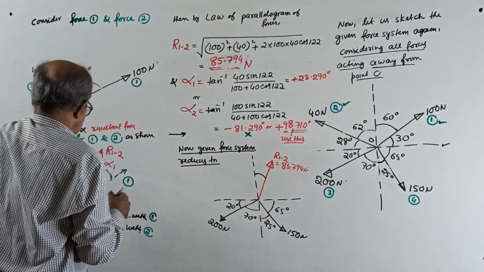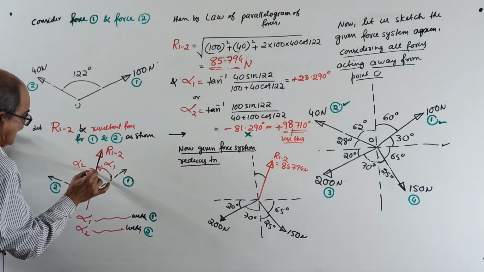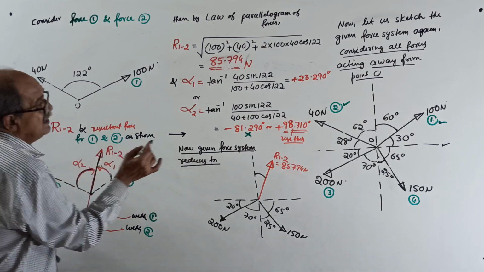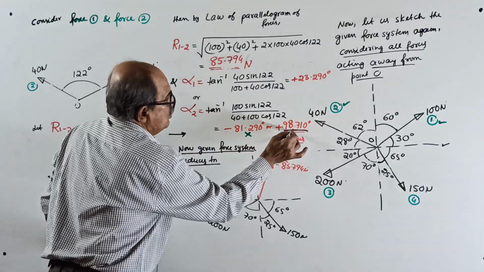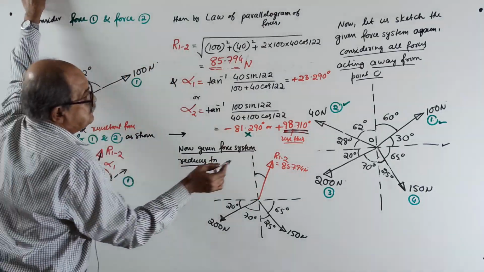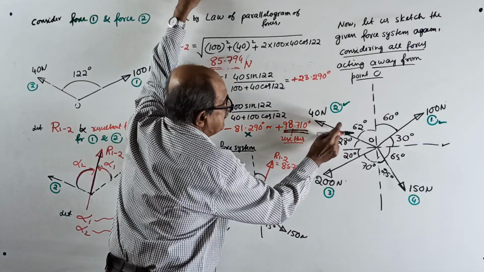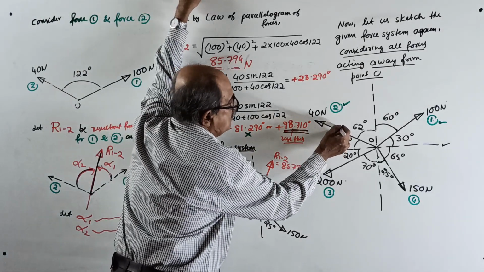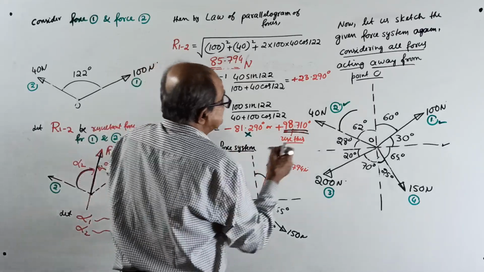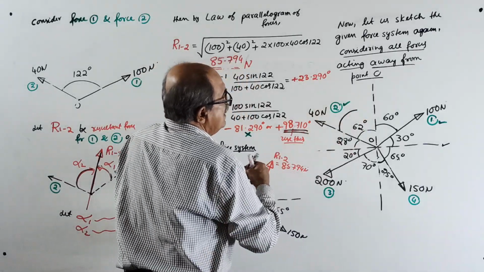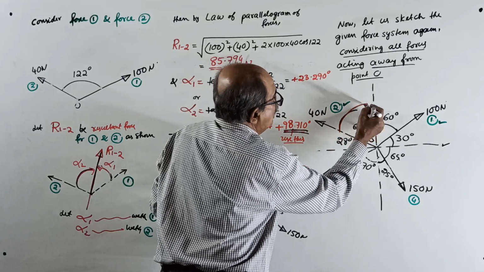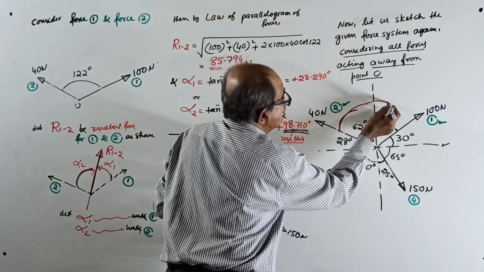See here, the resultant makes an angle alpha 2, which is 98.71. From this force, the resultant goes this way by 98.71. It goes by 62 to here, further it will come somewhere here.